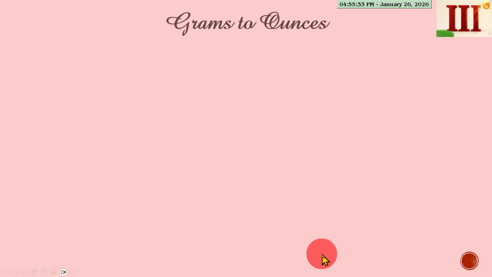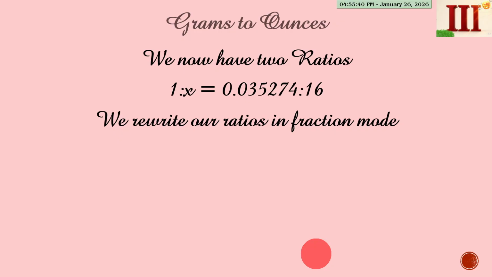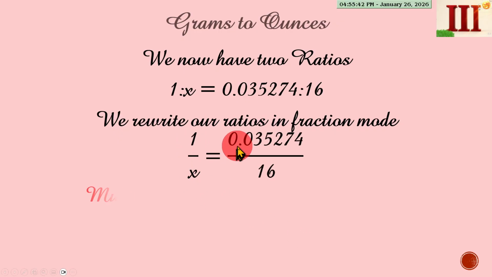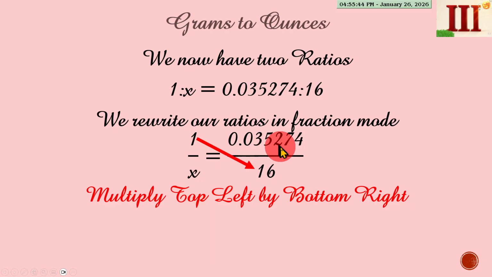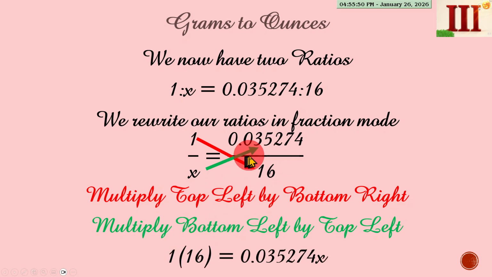Set up our equation, set it up like a fraction, 1 to X and 0.035 over 16. Cross multiplying, you're going to get 0.035274X equal to 16.